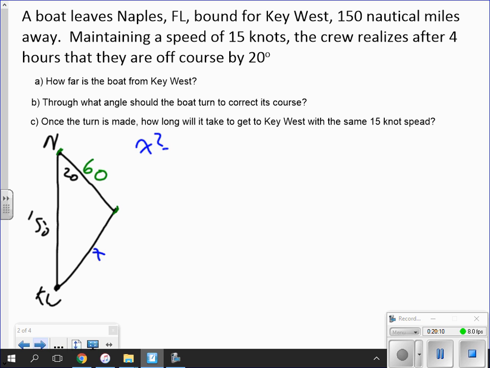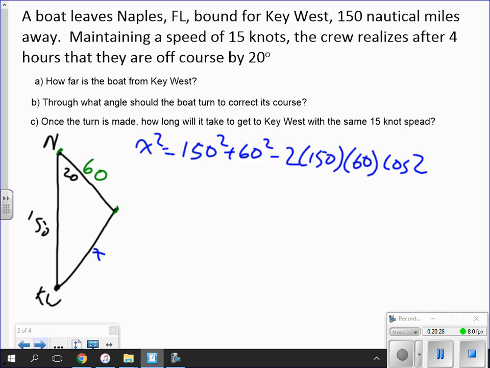So x squared equals 150 squared plus 60 squared minus 2 times 150 times 60 times the cosine of 20 degrees. Two sides and the angle between them, that's the law of cosines.